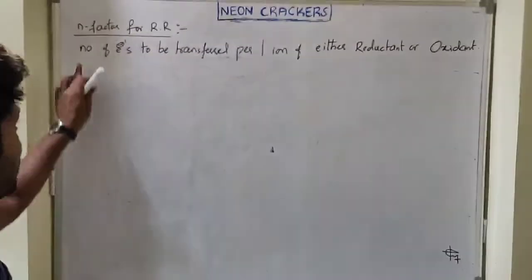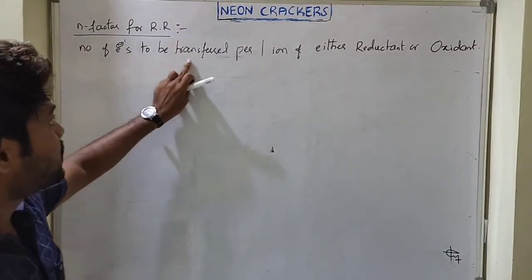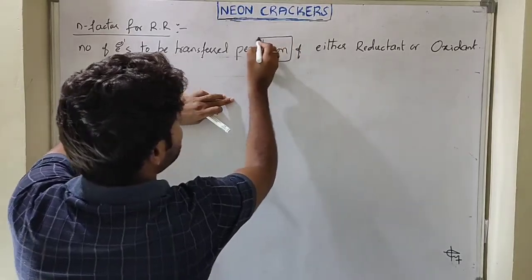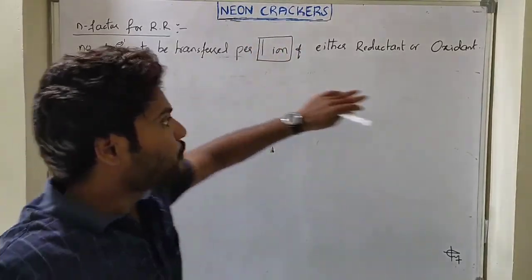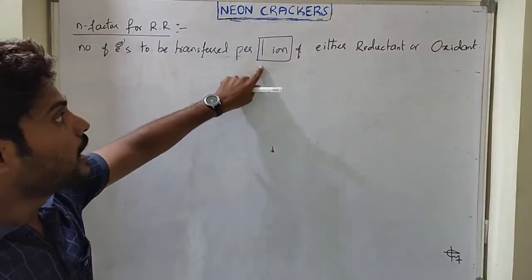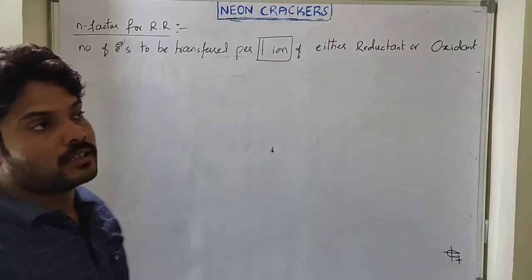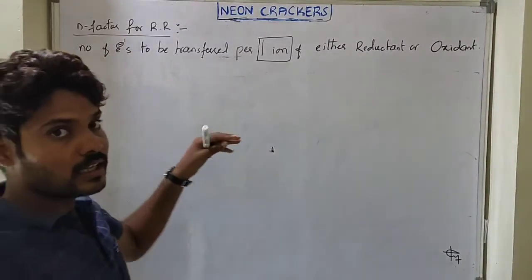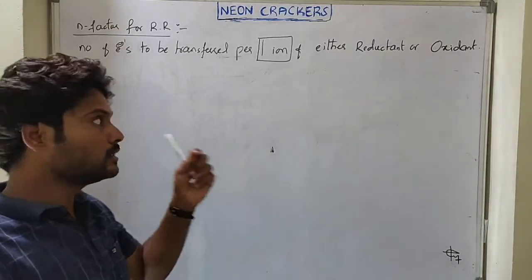So be careful with the definition: the number of electrons transferred per 1 ion. This is very important. In the equation, if you get 2 ions and 4 electrons, then you have to choose how many electrons there are per 1 ion. That would be the N factor for the given reductant or oxidant. This is our important N factor, because we are discussing the equivalent weight of redox reactions.